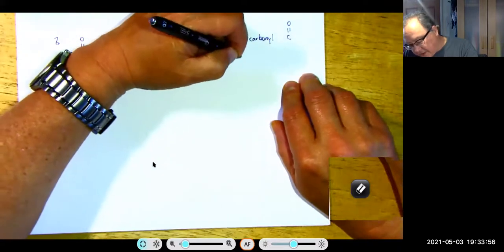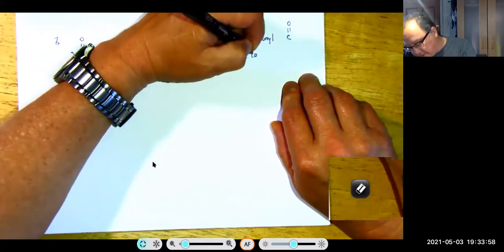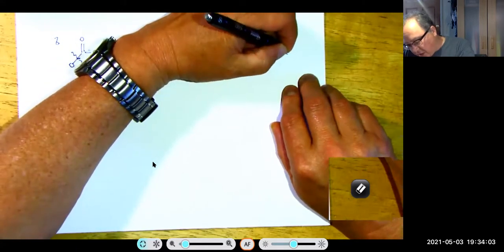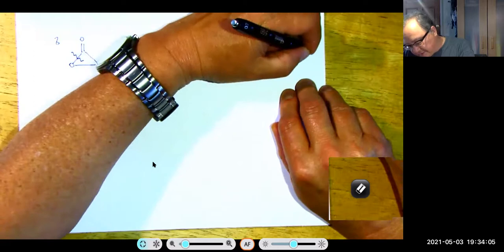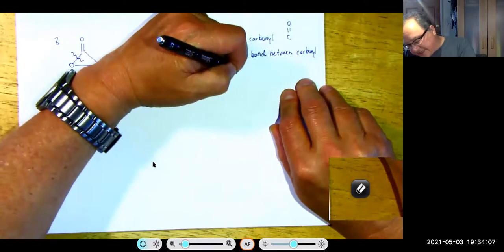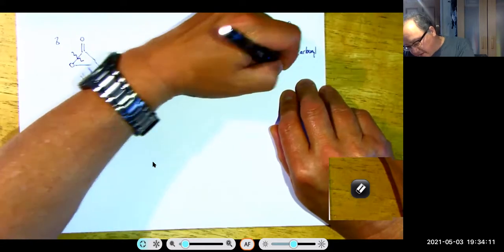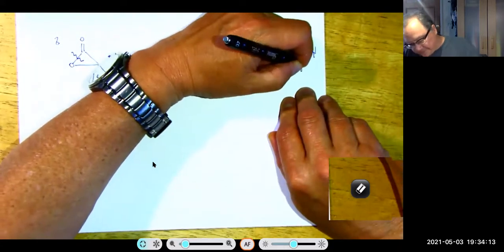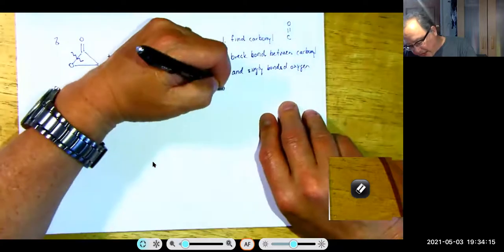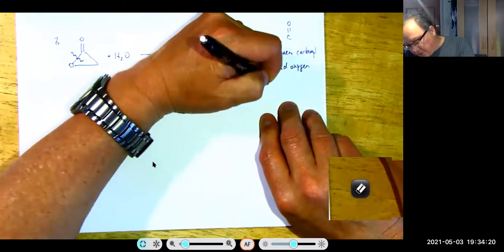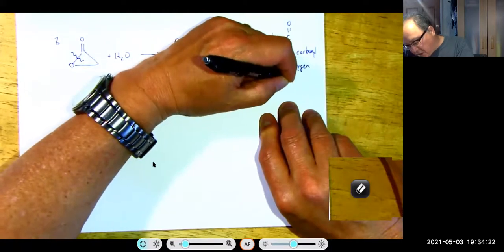And then you break the bond between the carbonyl and the singly bonded oxygen. And then you add OH to the carbonyl carbon.